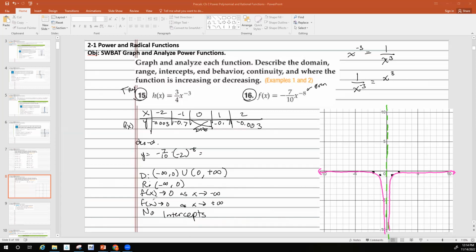I did our end behaviors already, right there. Continuity, it's an infinite discontinuity at x equals 0.